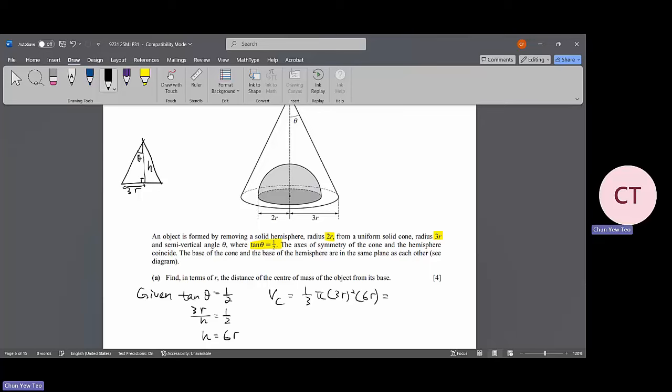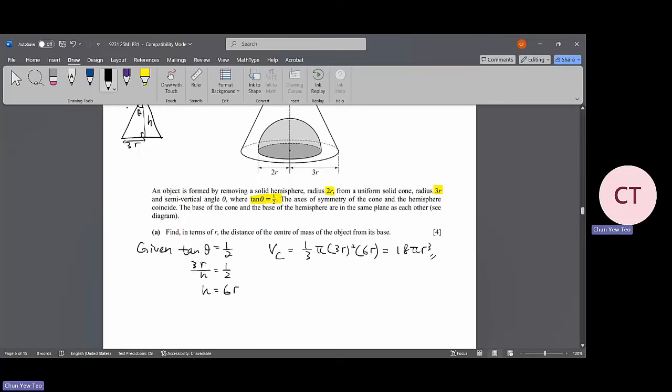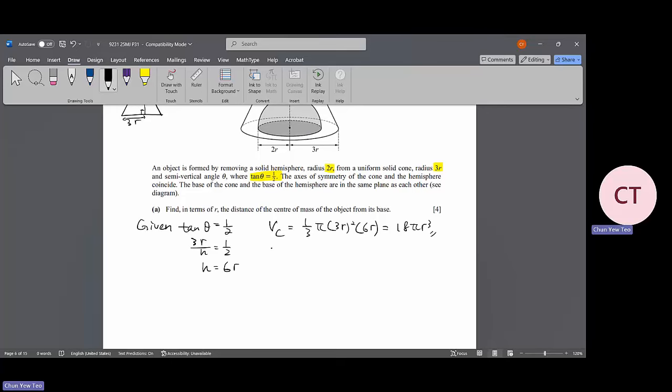Press the calculator, then you can get 18 pi r cubed. Okay. Then the volume of a hemisphere is 2 over 3 pi 2r cubed. So you get 16 over 3 pi r cubed.